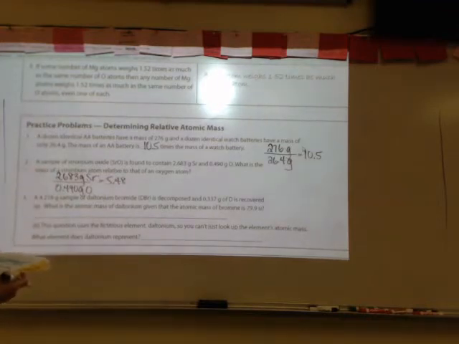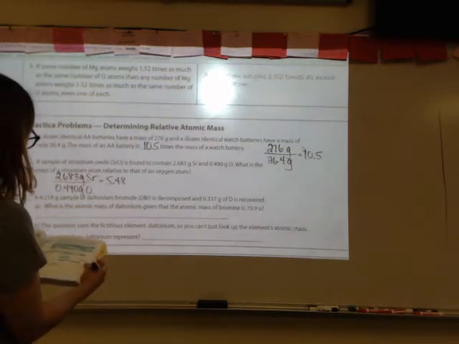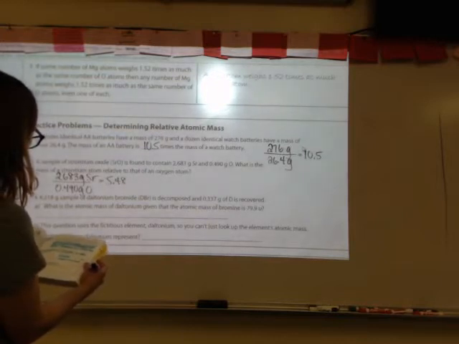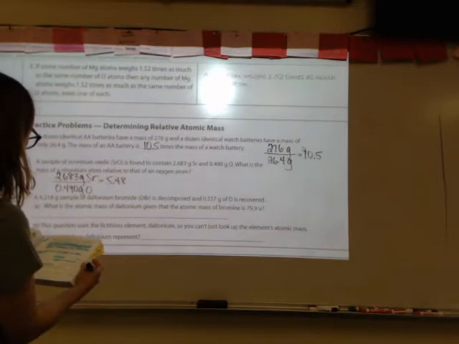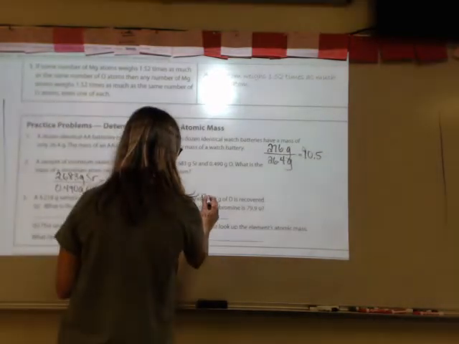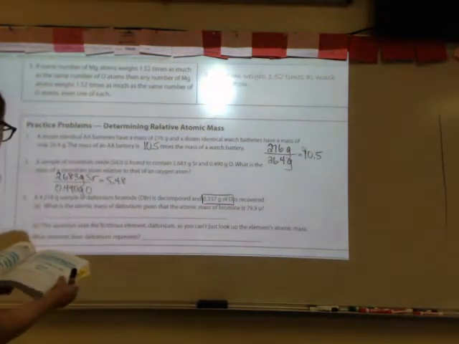Now, number 3, a 4.218 gram sample of daltonium bromide decomposed, and you have 0.337 grams of daltonium recovered. What is the atomic mass of daltonium given the atomic mass of bromine is 79.9? Well, I've got the mass of my daltonium here, but I need to get the mass of my bromine.